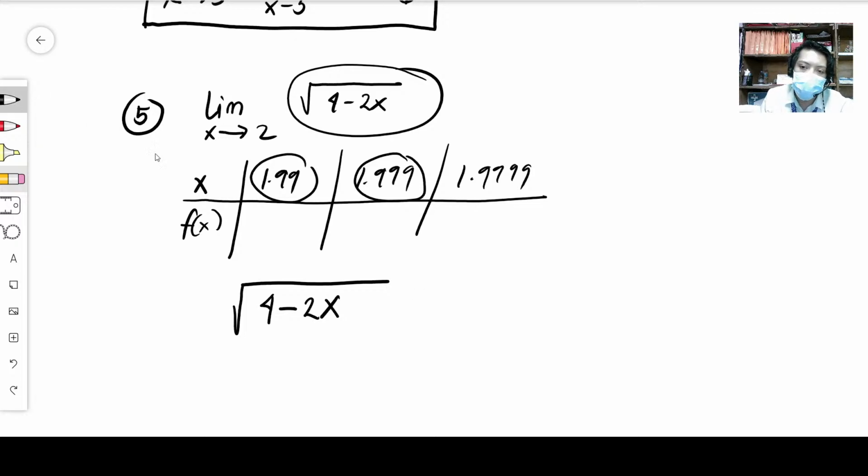So when the value of your x is less than 2, let us try to evaluate this. When x is 1.99, let us solve the value of the function. I will use my calculator. 4 minus 2x. When x is equal to 1.99, the value of your function is 0.1414.